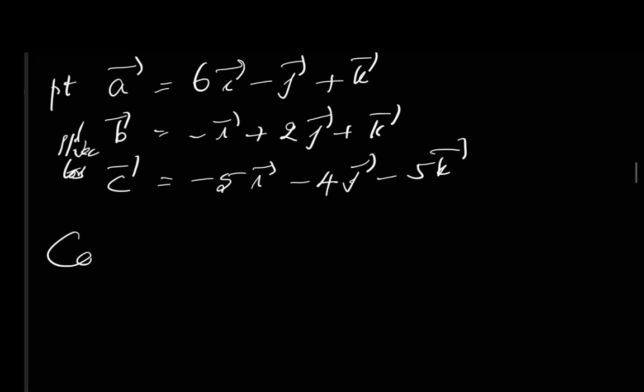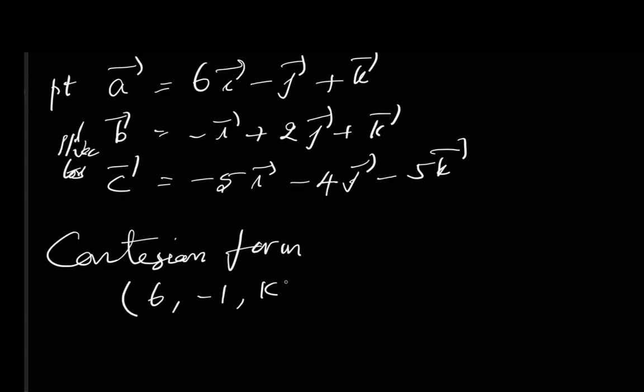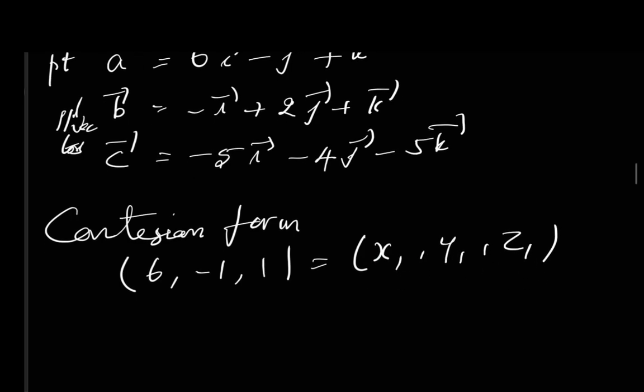First let us do the Cartesian form. So we take the coordinates of the point as 6, minus 1, and the coefficient of k is 1 here, 1. So this is our x1, y1, z1. Then minus 1, 2, 1.